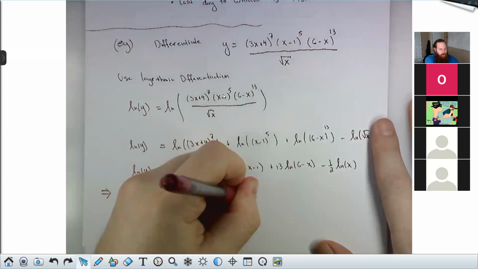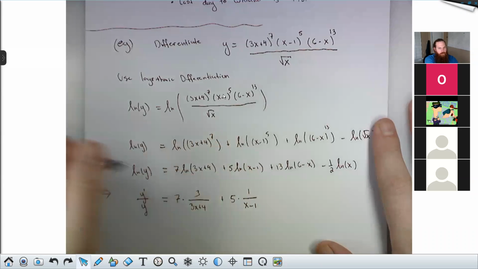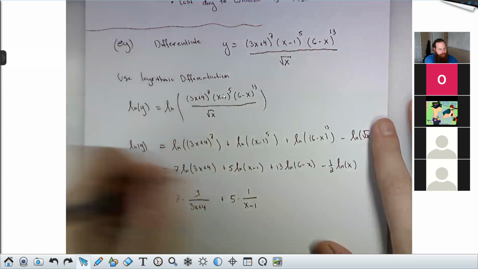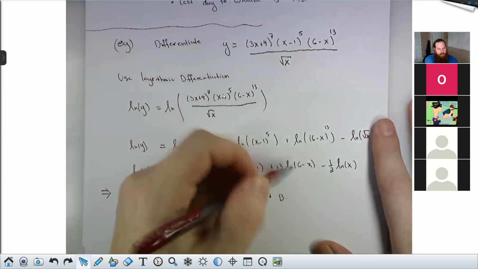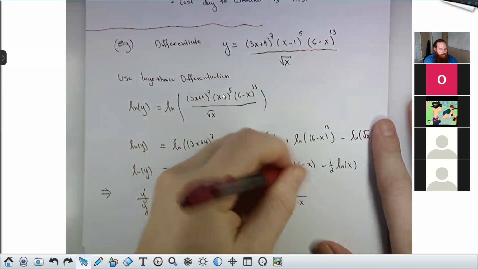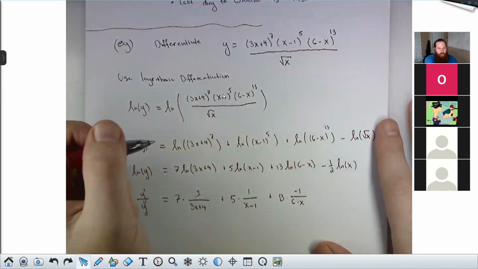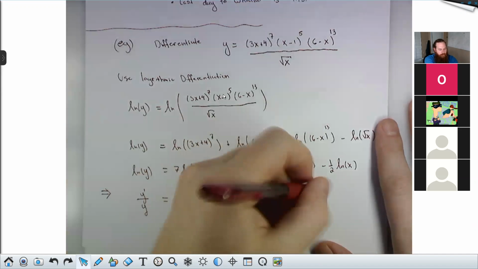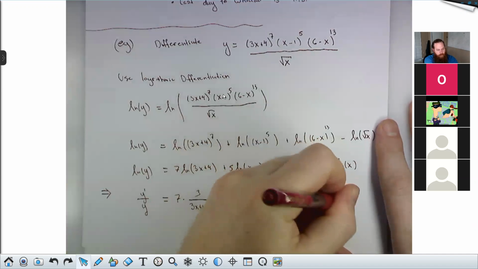So the x minus 1 goes downstairs, and the derivative of x minus 1, which is 1, goes upstairs. Plus 13 times the derivative of ln of 6 minus x. Well, that's 6 minus x downstairs, and the derivative of 6 minus x, which is negative 1, upstairs. And then finally, I have minus 1/2 times the derivative of ln x. That's just 1 over x.